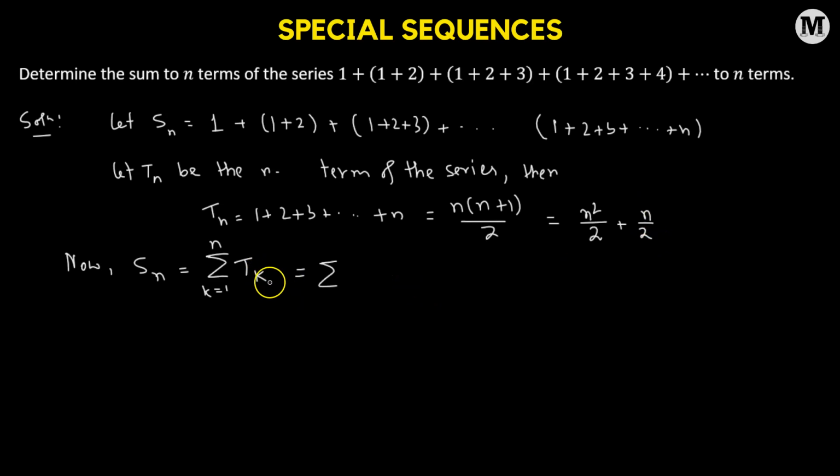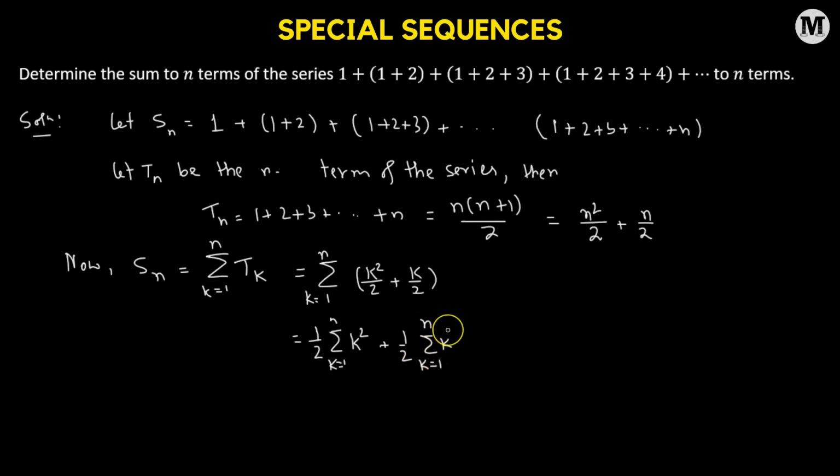So Tk, because we have replaced the index n with k, we're going to get k squared over 2 added to k over 2. So here k is going to run from 1 to n. Now we have half. Now half being a constant, we have pulled it out of the summation. We have half summation k squared, k goes from 1 to n, added to half summation k, where k goes from 1 to n.